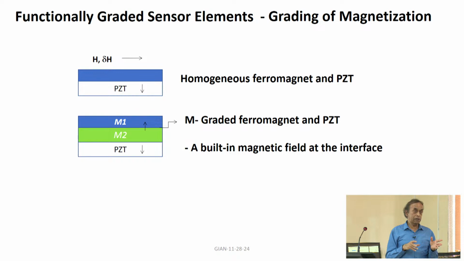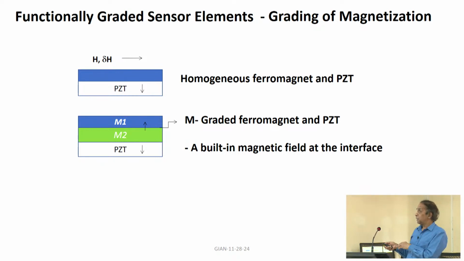There are too many magnets in the array, which will make it not suitable for doing any imaging. So, instead what you want to do is you want to have self-biased sensor elements, and that can be done with different techniques. And one of them is, if you grade the ferromagnetic layer.